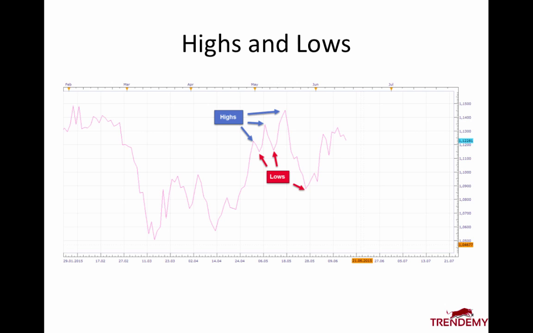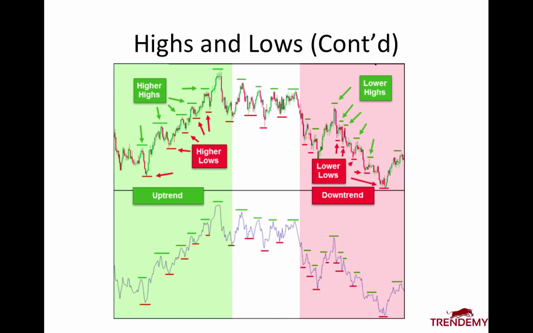In an uptrend, usually you have higher highs, and in a downtrend you're talking about lower highs and lower lows. Continuing from the previous slide, the swing lows in an uptrend will be higher.